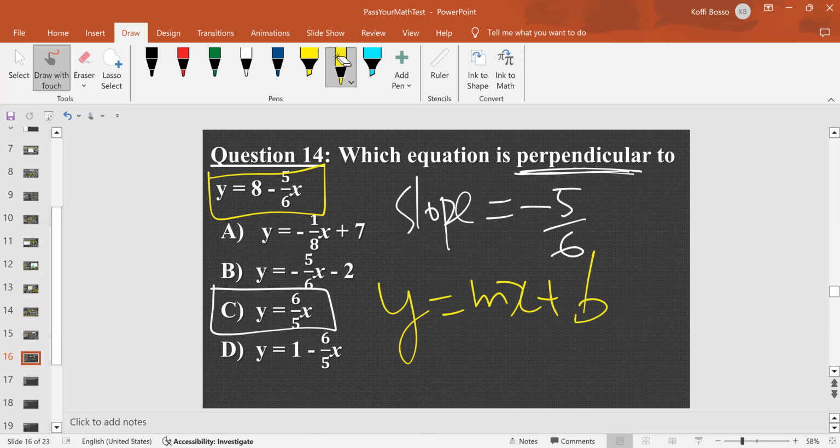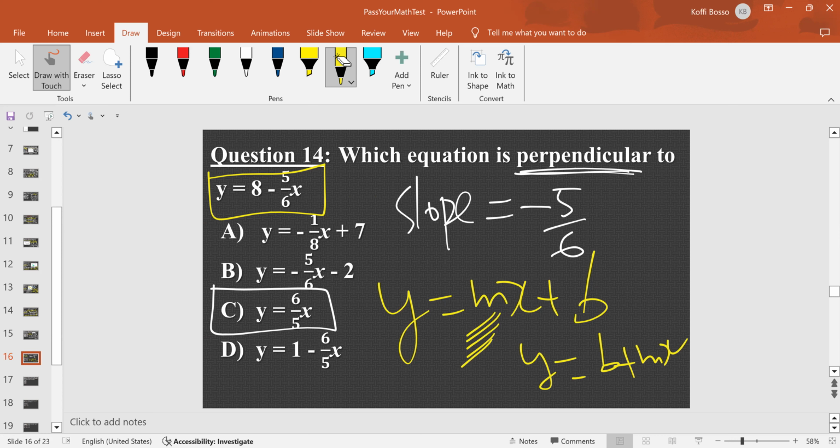We can come back to this in another video. But know that in y equals mx plus b, m we call the slope. And that m here is negative 5 over 6. So they write it as y equals b plus mx to confuse you. So the slope is negative 5 over 6, right?